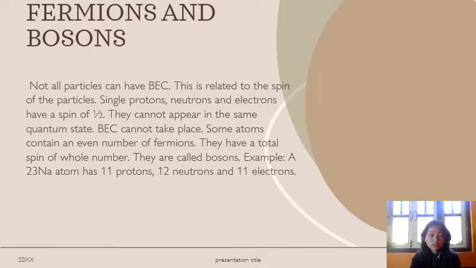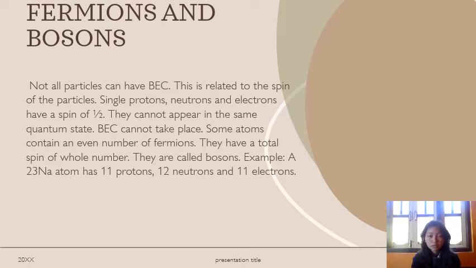Fermions and bosons. Not all particles can have BEC, Bose-Einstein condensation. This is related to the spin of the particles. Single protons, neutrons and electrons have a spin of half. They cannot appear in the same quantum state, so BEC cannot take place. Atoms containing an even number of fermions have a total spin of a whole number.